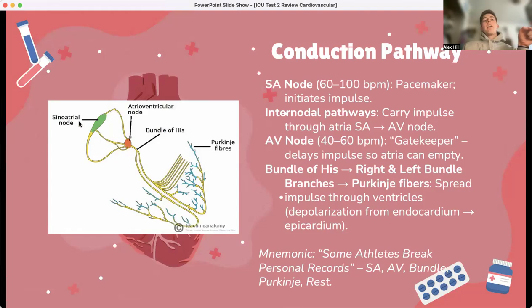And then it goes through the internodal pathways to the AV node, which slows that rate a little bit before it hits your ventricles, so that your atria can contract fully and get all of the blood into the ventricles. And then you have your bundle of His, and then the bundle branches, and then you have the Purkinje fibers, which send those electrical signals from the endocardium to the epicardium.